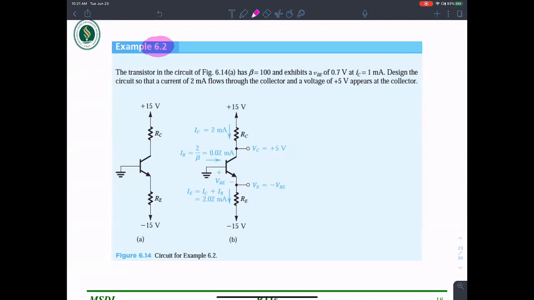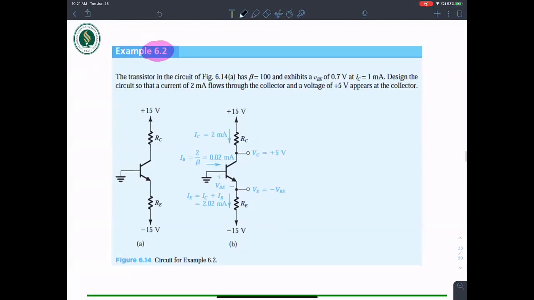The transistor in the circuit 6.14 has a beta of 100, so beta is given to be 100, and exhibits a VBE equal to 0.7 volts at IC equal to 1 milliampere.